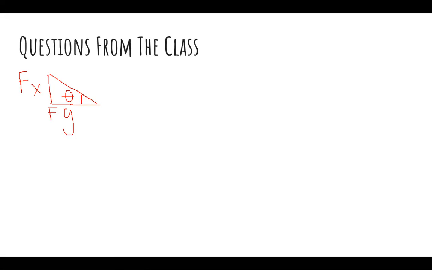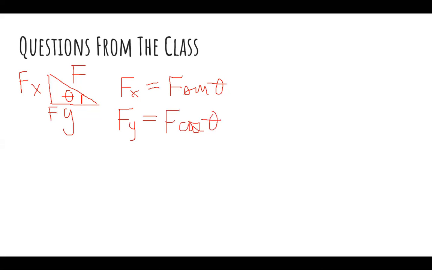You can use your equations. So f of x would be equal to f sine theta, and f of y would be equal to f cosine theta. So this just goes back to our geometry and trig stuff. It looks more complicated when you're doing it in terms of forces and momentum and other things, but in reality, if you break it into its right triangle, it'll be easier to see how the different components relate.